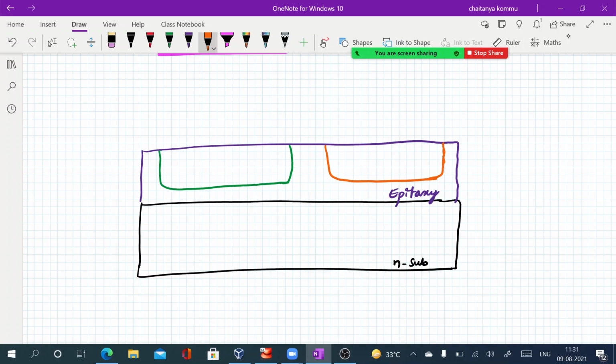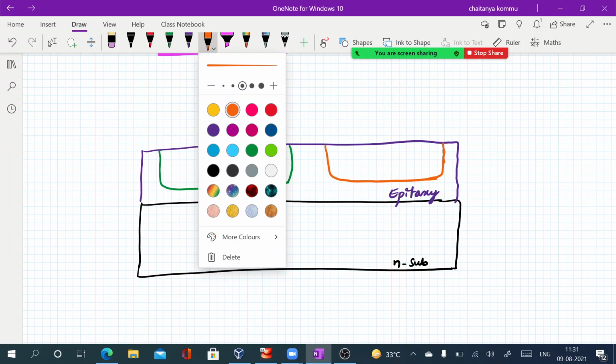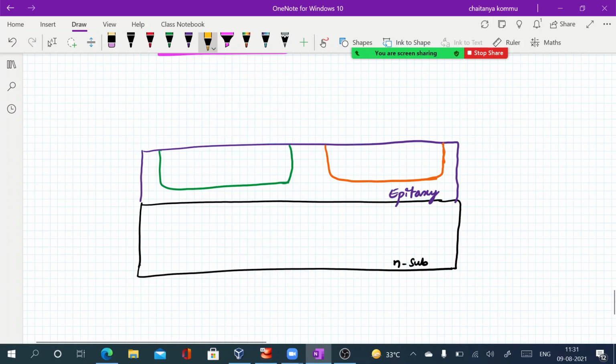Remaining everything is the same. Just what we have to do is create the gate oxide on top of it, and on top of the gate oxide we have a polysilicon. For this, let me consider this is called P well, and this is called N well.